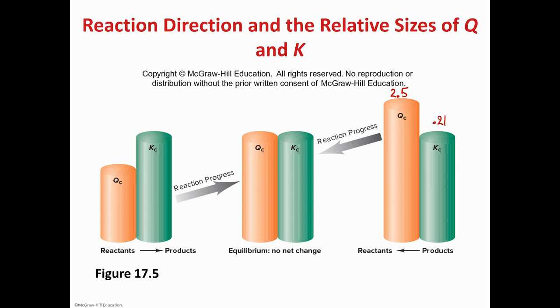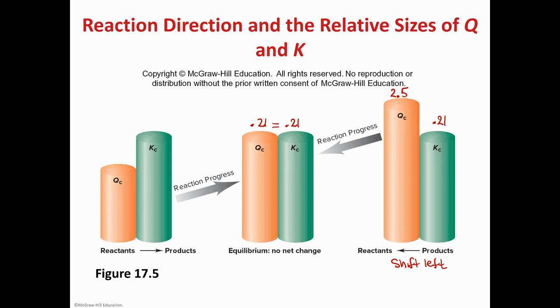So in other words, Q is too big compared to K. That means that we're heavy on product and it's going to shift to the left to get to equilibrium, where now 0.21 would equal 0.21, meaning that you're at that point where Q equals K.